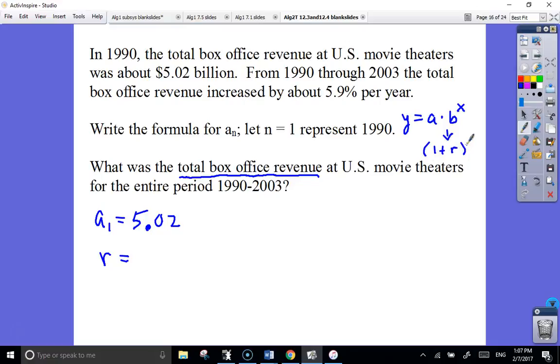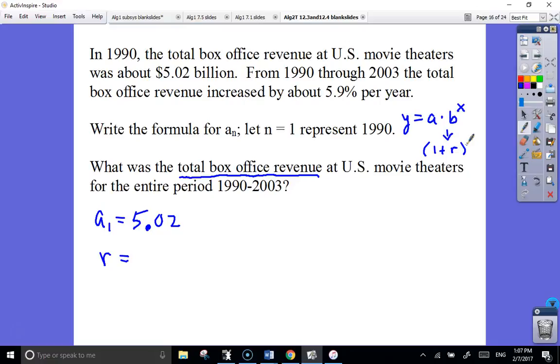So what is our R going to be here? Remember, this is the thing that you're going to multiply so that you get 5.9% more the next year.